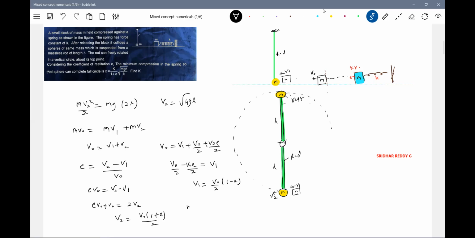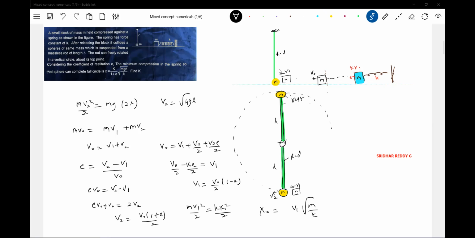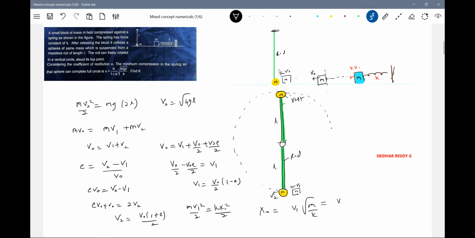So I got v1. So (1/2)mv1 square should be equal to the energy stored in the initial compression. So therefore, what is x0? x0 should be equal to v1 times root of m by k. Yeah, k equal to 4. So what is the value of v1? v1 will be v0 by 2. Oh, I have mv0, no, it is.